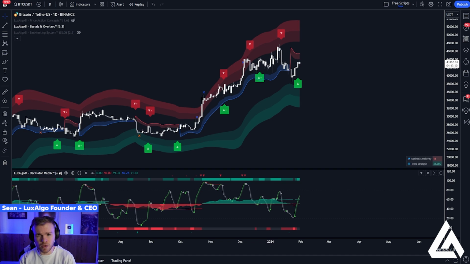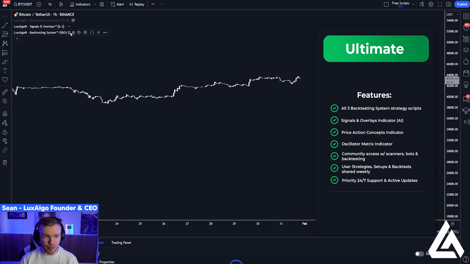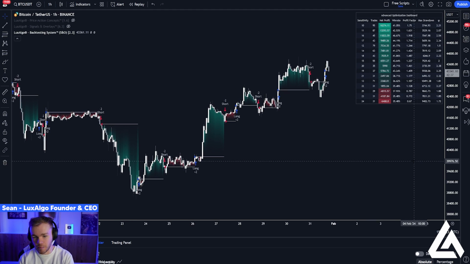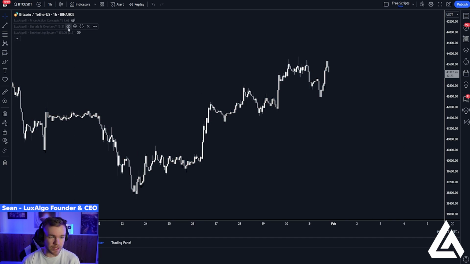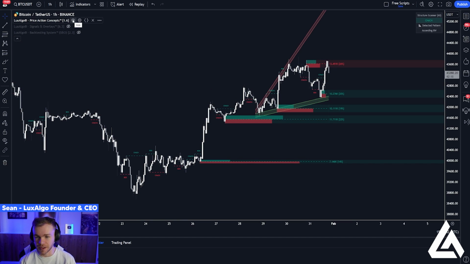And we aren't going to get into too much detail for specific strategies or necessarily giving you the best setup possible here, but included in the higher plan is the backtesting system, which includes 3 different backtesting system strategy scripts that allow you to actually backtest fully and optimize in various different ways all 3 of these toolkits if you're more so a data-driven trader and aren't necessarily looking for just discretionary analysis toolkits, which is what you're getting with these separate workflows, the signals and overlays and the price action concepts, which can be complemented by the Oscillator Matrix if you want.